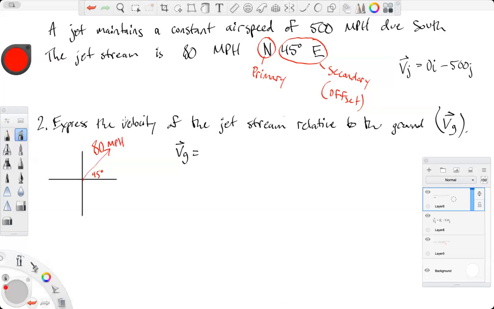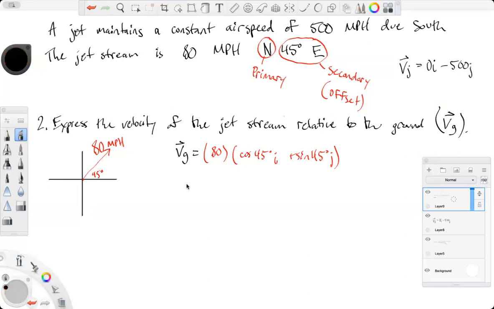So to find the I and the J components, I'm just going to use our vector formula that says that VG is going to be equal to the magnitude, so 80 miles per hour, times the directional information. So the cosine of 45 degrees for I plus the sine of 45 degrees for J. And then we'll just solve this, right?